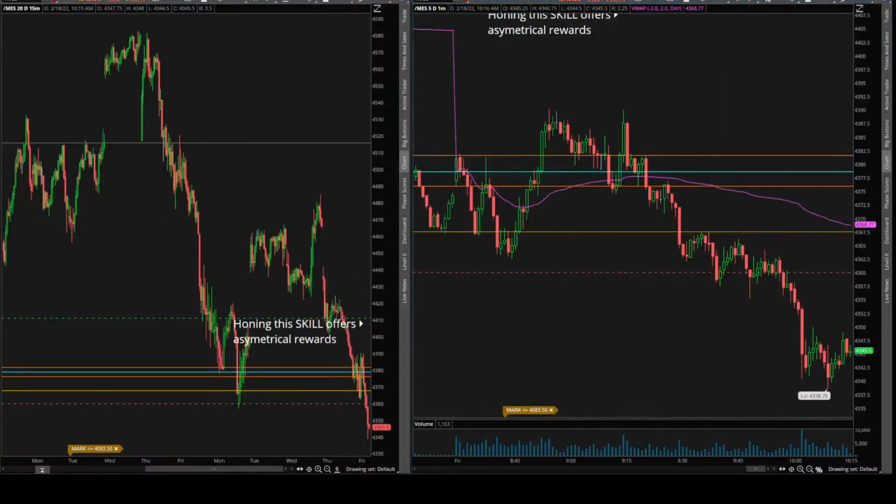VWAP still pretty high above. So let's set VWAP. 68.